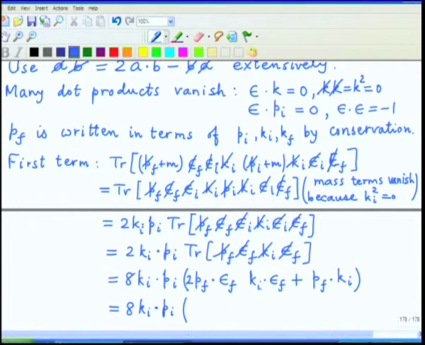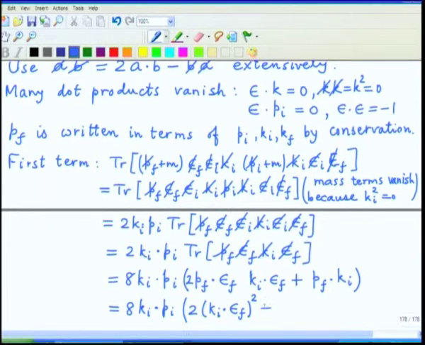K I dot E f is appearing here. So, it gives 2 times the contribution. So, 2 times k I dot E f square, and then there is a third term which is P I dotted with epsilon f, that also happens to be 0, because P I is just the rest mass. So, first term can be rewritten as this.